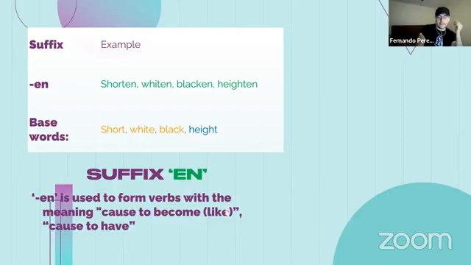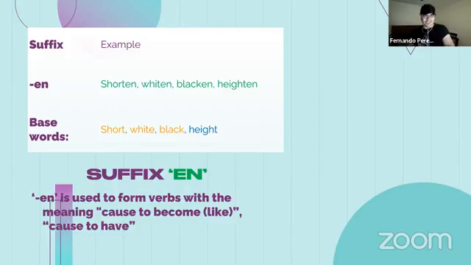Exactly. This like is like cause to become like, or cause to become only without the like. And what is cause to become? That's kind of confusing, no? Cause to become means that in the past it wasn't, but now it is.